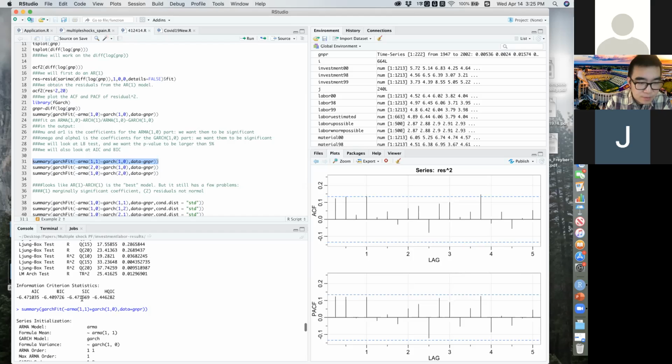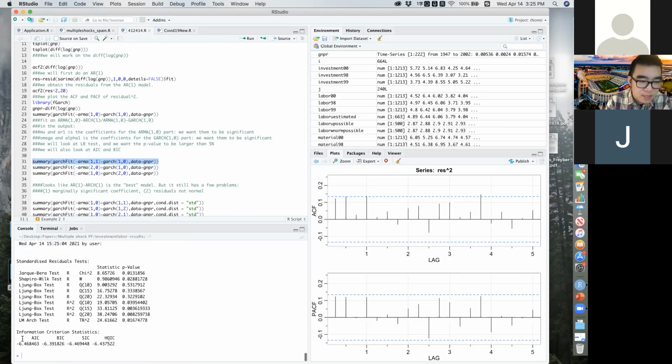This is negative 4.647, but this is negative 4.64. So our first model is definitely better than this model, considering the significance, the LB statistic, and also the AIC and BIC.